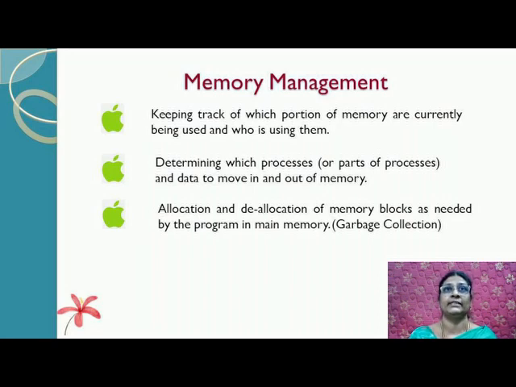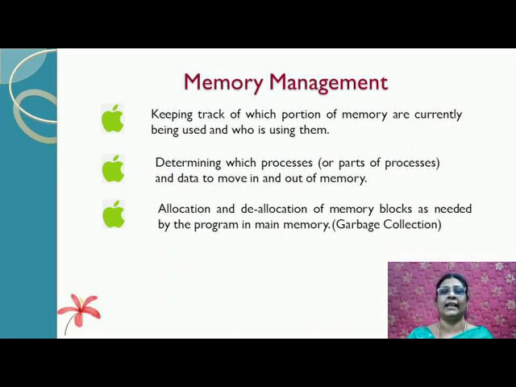Sometimes the entire process will not be loaded into the primary memory, only a portion of the process and data moves in and out of memory, that is from secondary to primary and primary to secondary. Whenever there is no room to hold a new process in the primary memory, the unused process in the primary memory will be moved into the secondary memory.